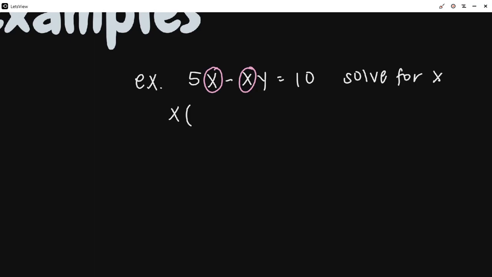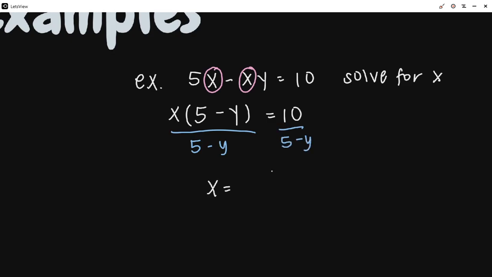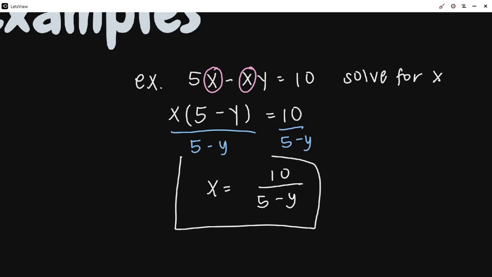If we take out an x from 5x, we have a 5 left. And if we take out an x from the xy, we have a y left. So now we only have one x instead of an x appearing in two different places. So now to get the x by itself, we want to divide by 5 minus y. So we get x equals 10 over 5 minus y. And then this would be the final answer.